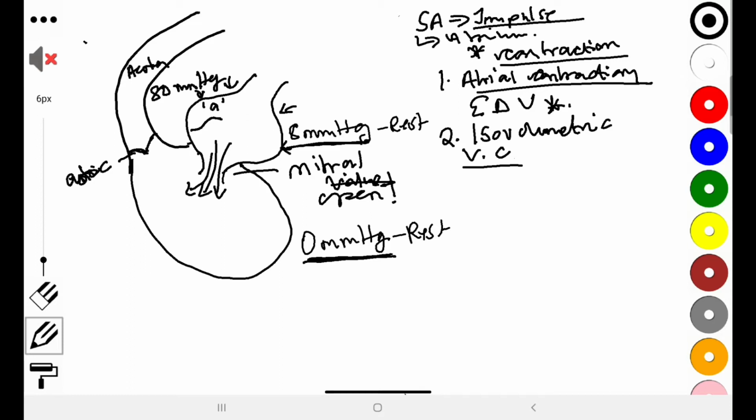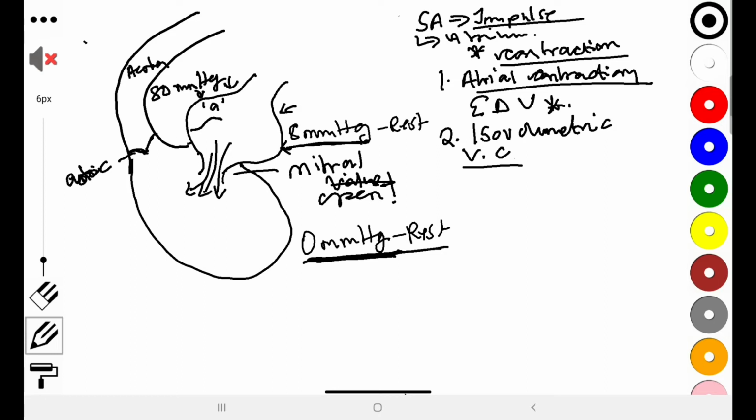As the wave of depolarization is getting to the ventricle, the ventricles begin to contract. At the onset of contraction, remember, it is coming from this resting component where it has just blood flowing into it because of the activity of the atrium. So from this pressure, it is now increasing.